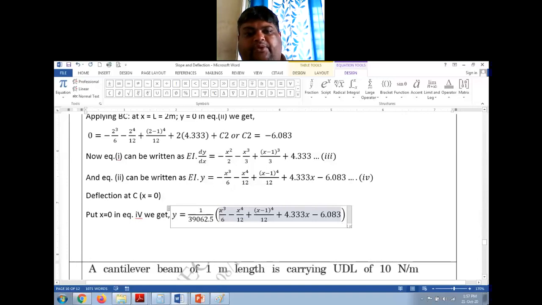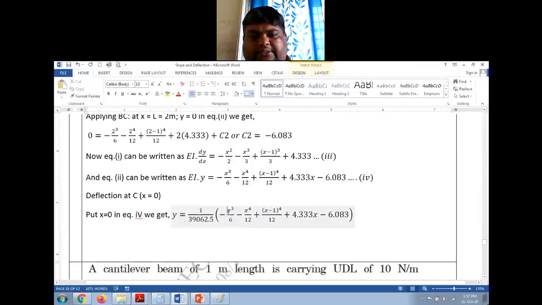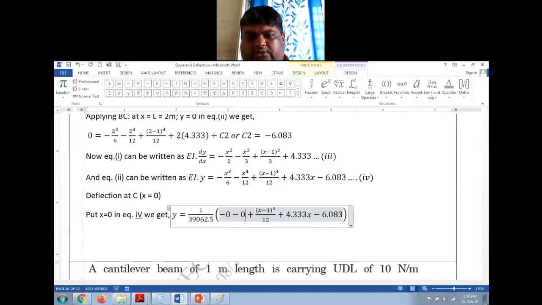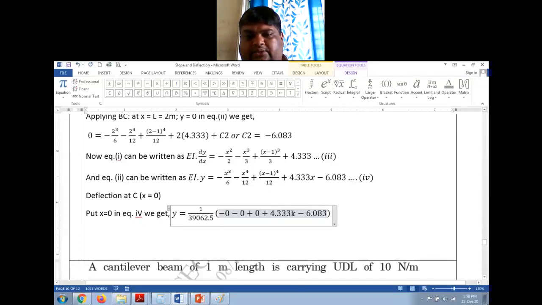Now you put x as 0 in all these places. When you put x as 0, this will become 0, this will also become 0, 0 minus 1, so this will become negative, so drop this term. This multiplied by 0 will also be 0. So the only thing that remains is minus 6.083, and divide that by this.